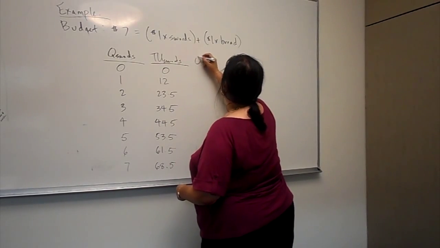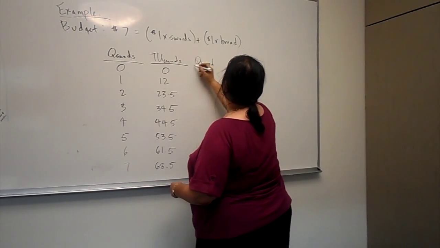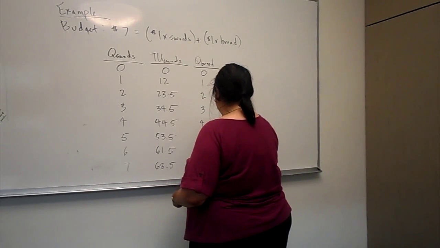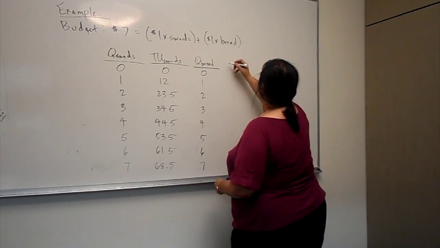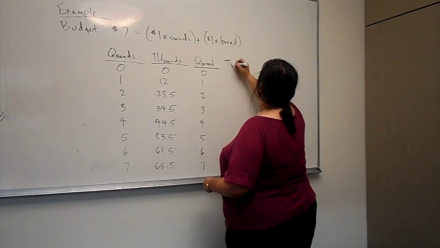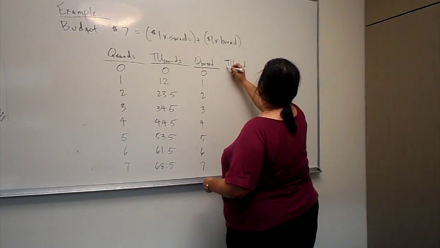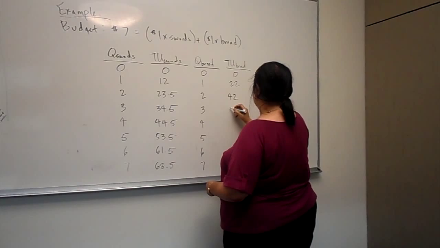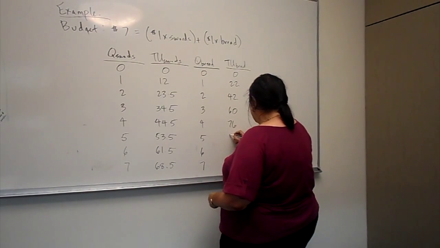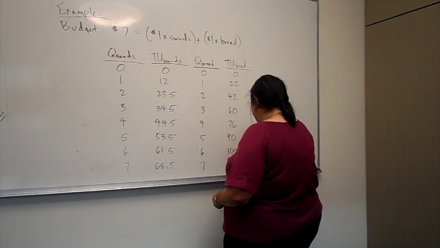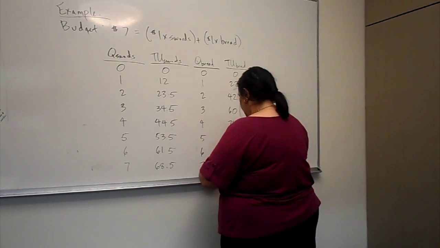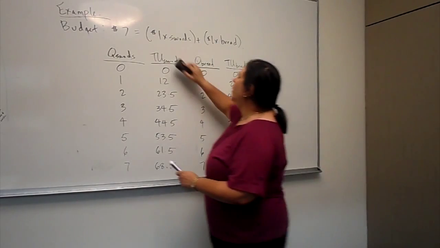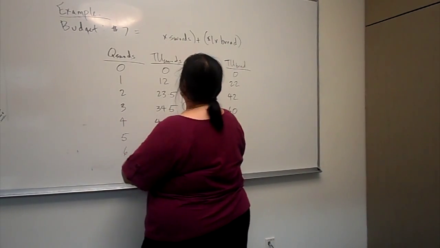And here's bread. And here's the total utility of bread. Okay. So what happens now if we lower the price here to 50 cents?